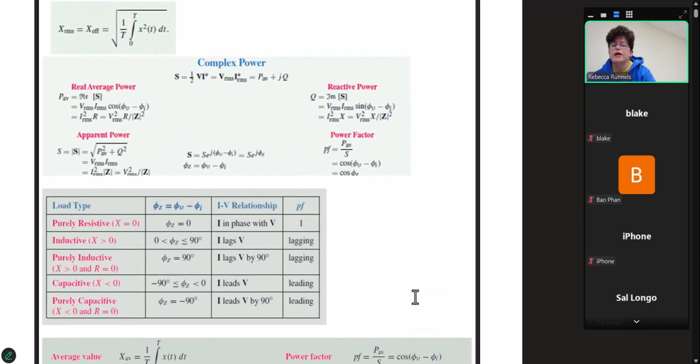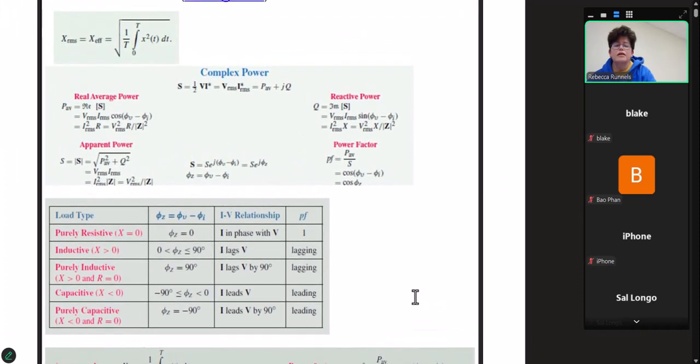When we look at right here, I squared X is Q and I squared R is P. It's real power or real average power, and I squared Z is the apparent power.